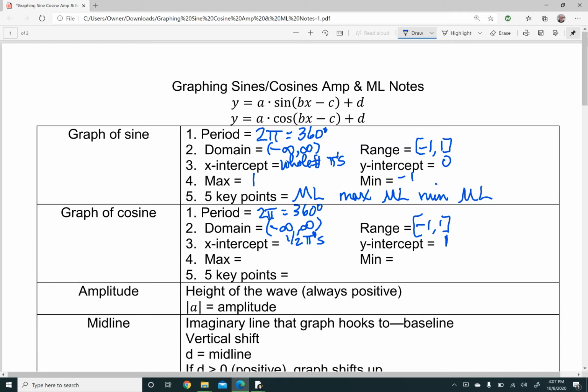Its normal period max is at 1 and its min is at -1. And its 5 key points, it starts at the max and goes to the midline, then to the min, and then to the midline, and then to the max. Okay, so let's go look at these two graphs down here, and then we'll come back to this up here.